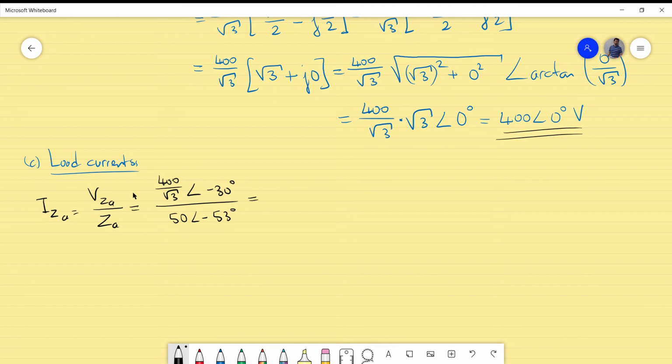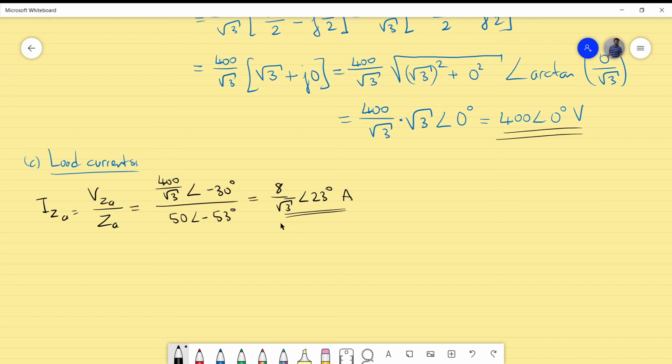And if you now do the math correctly, you divide the amplitude here by the amplitude there, and you subtract the phases, so minus 30 degrees minus 53 degrees, so you will have 8 divided by square root of 3 phase 23, and this will of course be in amperes.